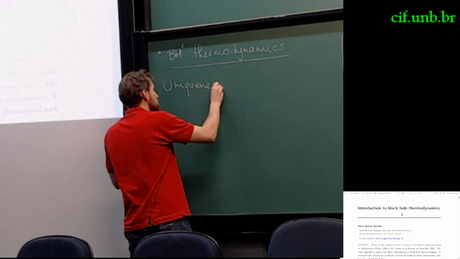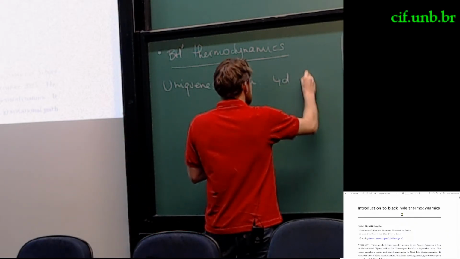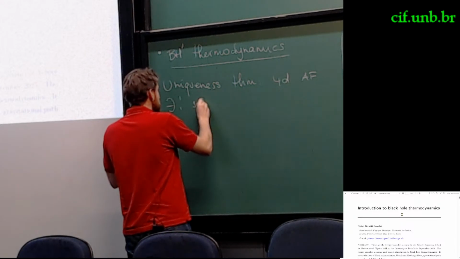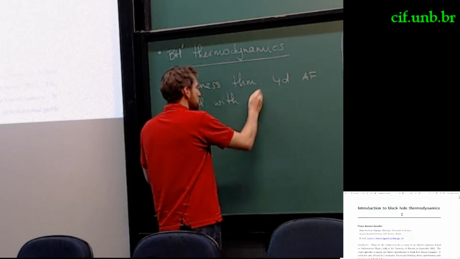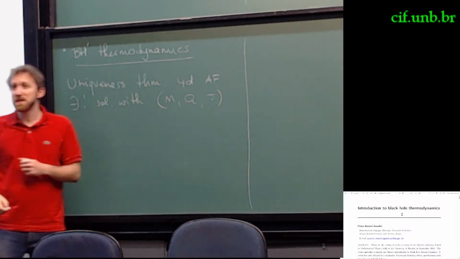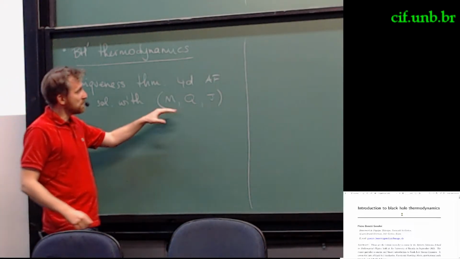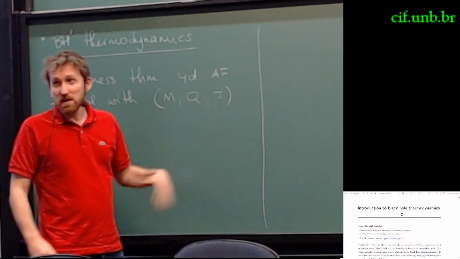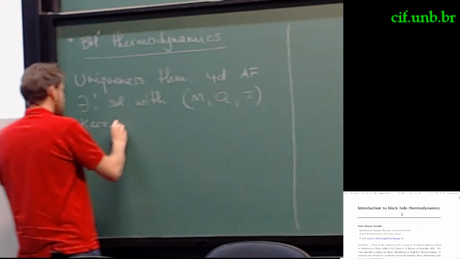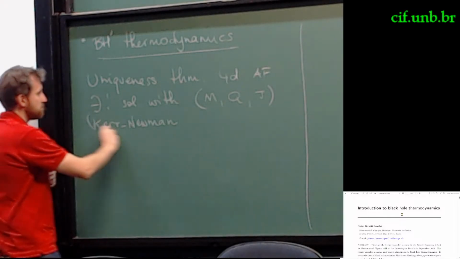This statement goes under the name of uniqueness theorem: in 4D asymptotically flat space, there exists a unique solution with parameters M, Q, J, which are the same ADM charges that we saw yesterday, so the ADM energy or mass, the electric charge, and the ADM angular momentum. This solution is called the Kerr-Newman, after the people who wrote it.